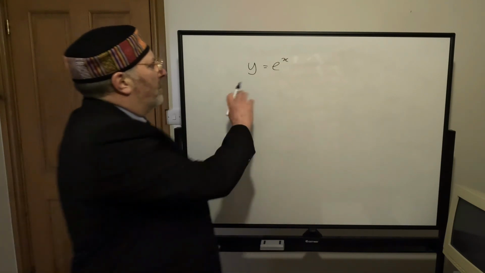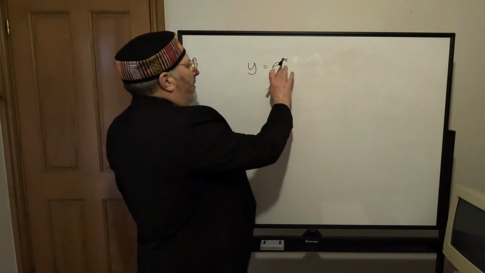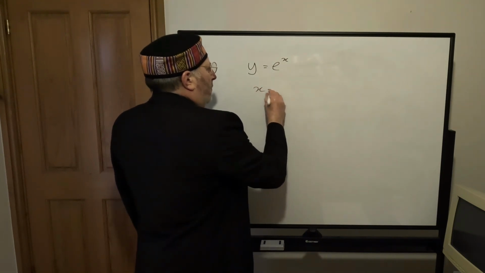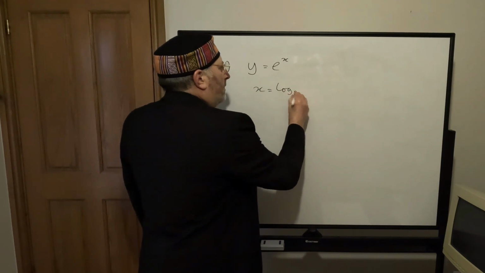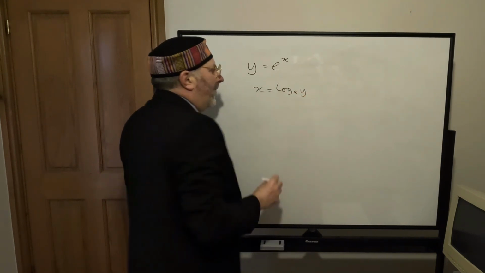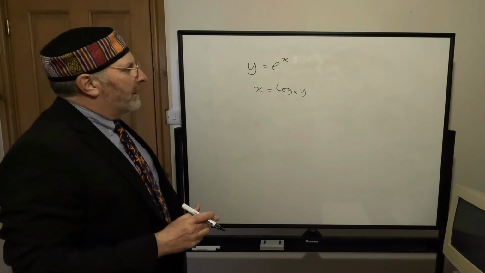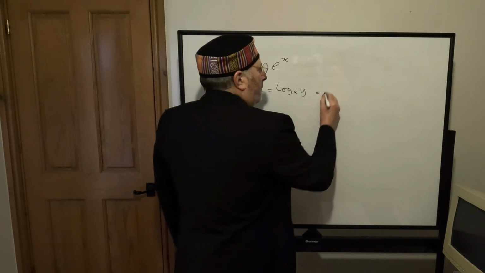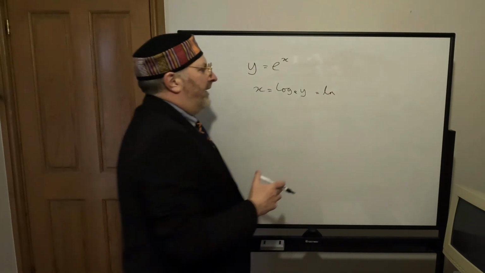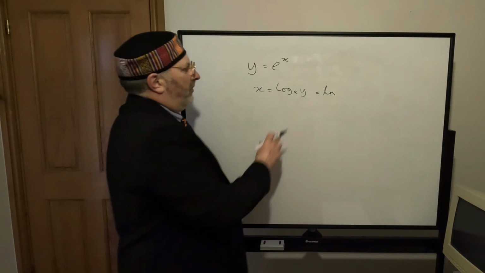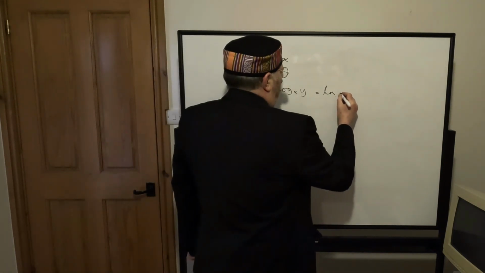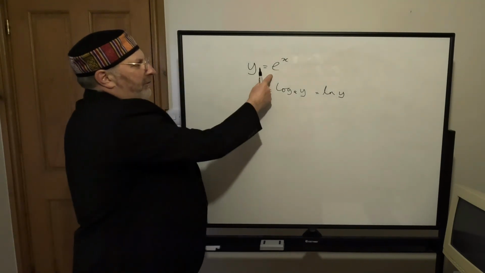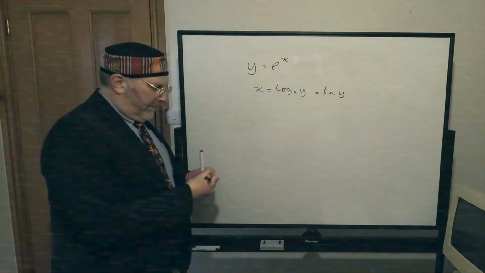And we know from the idea of logarithms that if y equals e to the x, x equals the log to the base e of y. That's just the definition of it. But we often write, instead of log e, ln, the natural logarithm. So when we have the base e, it's called the natural logarithm.